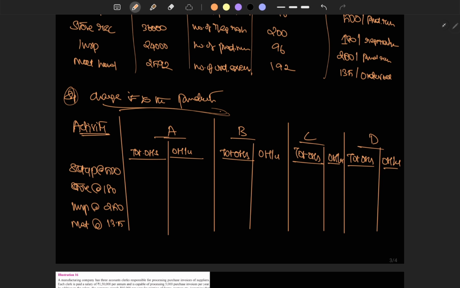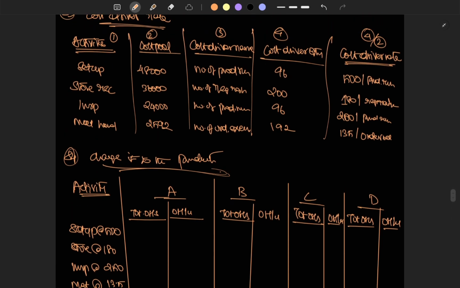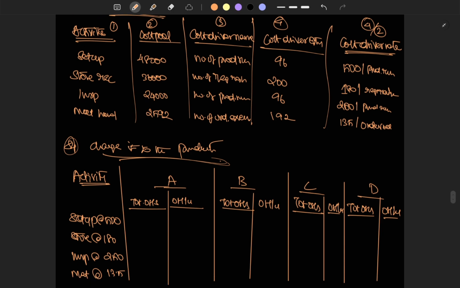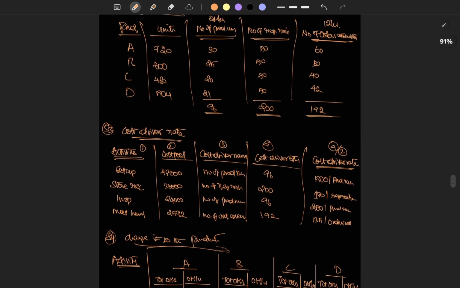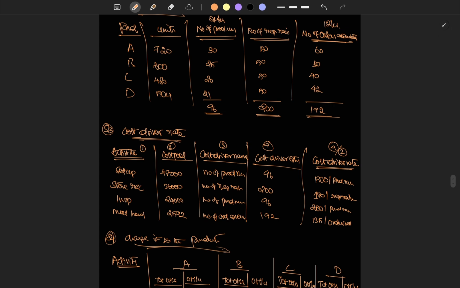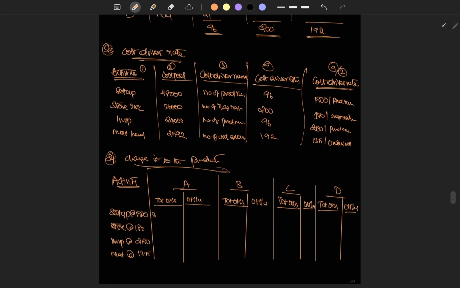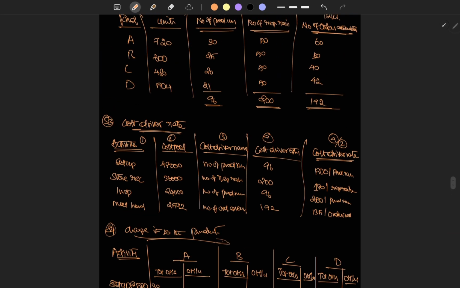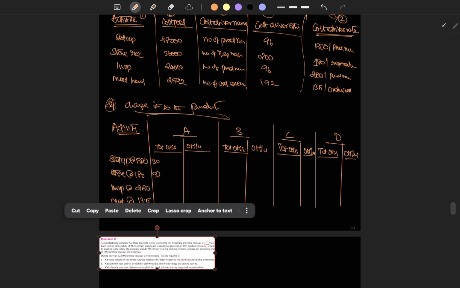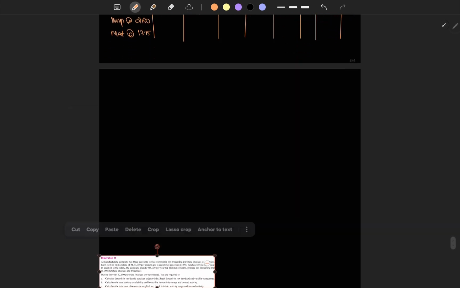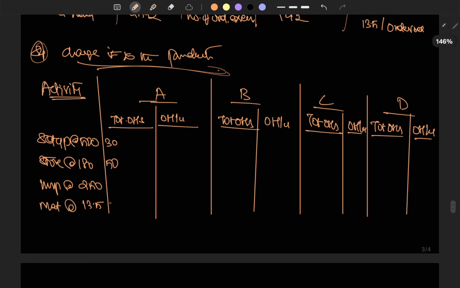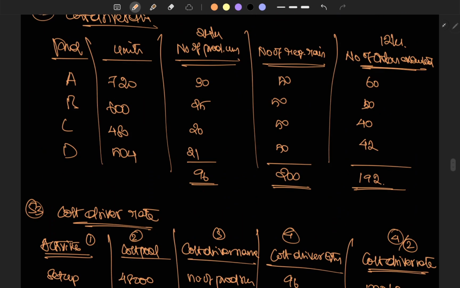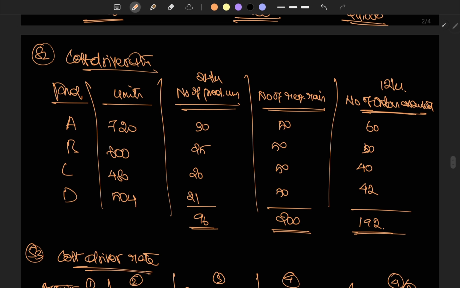So what is the cost driver quantity for product A, which we found to be 30, 50, 60. Setup is 30, store is 50, material handling is 60. For product B, production run is 25, 50, 50.